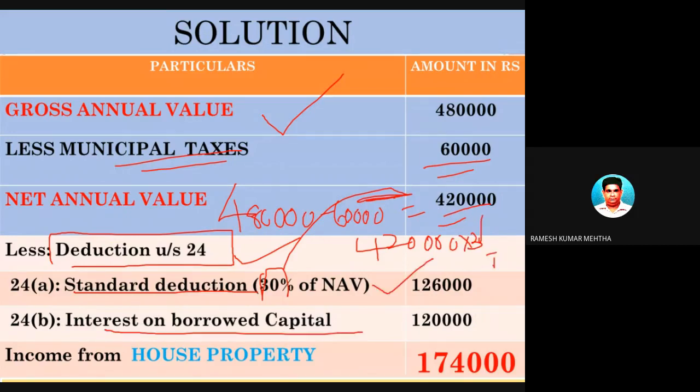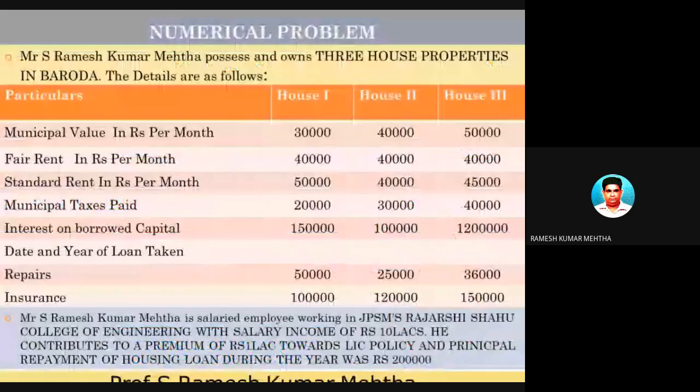Interest on borrowed capital is allowed to the extent of 1,20,000 rupees. So 4,20,000 minus 1,26,000 minus 1,20,000 gives that the income from house property is 1,74,000 rupees. This is the way in different situations, either situation 1, 2, 3, 4, or 5. This is the normal expected method of solving the problem and computing income from house property.